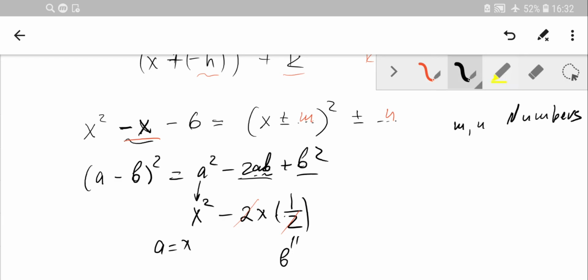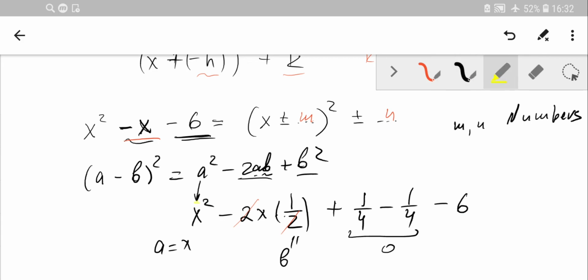And simply what I need to have is b squared. Remember, I don't care about what I have here, I just simply add b squared. So b squared is 1 over 4, right? Because 1 over 2 squared. And I immediately subtract 1 over 4 in order to have this 0. And then finally I subtract 6 because I had it originally.